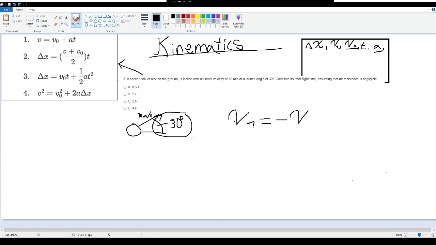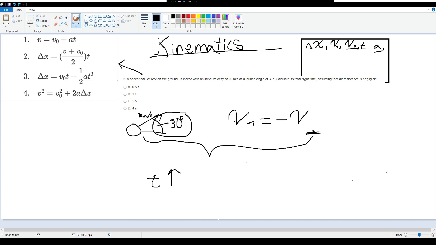For example, it could have asked us, what's the distance that it travels when it touches the ground? In which case, we would need to find the time, which we would find using the vertical velocity. And using that time, we would then find the horizontal velocity, because you only need one of these at a time.